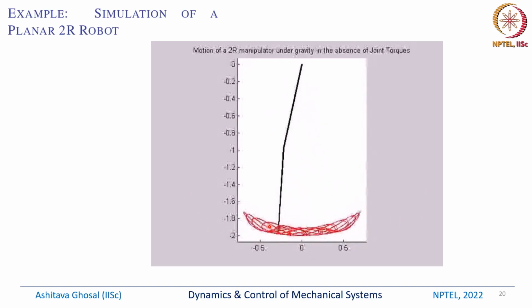I'm not sure how many of you expected that it will do all kinds of crazy motions like this, but a double pendulum actually does motions like this. And I can clearly see that for this special case of link length 1 meter and 1 meter, no external torques and the CG located at some places, this is the motion of the tip.